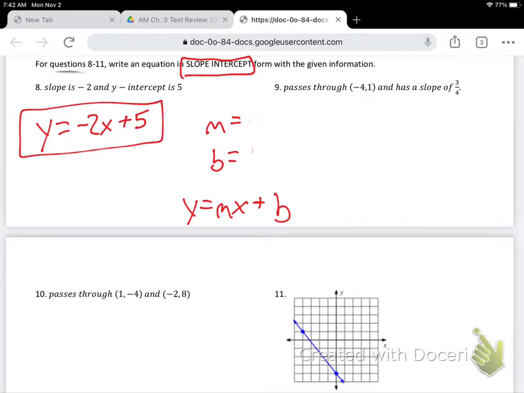So I'll keep this here. All right, so this one passes through this point and has a slope of 3/4. So it tells me that my slope is 3/4, but it does not tell me what my b is. So what we have to do here is, using this point right here, we have an x and we have a y.